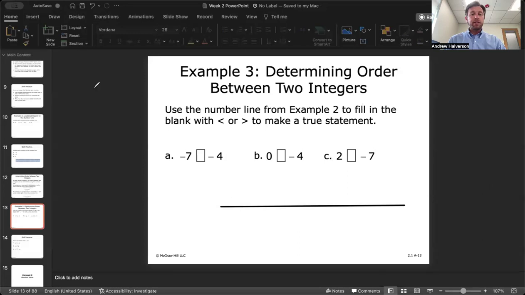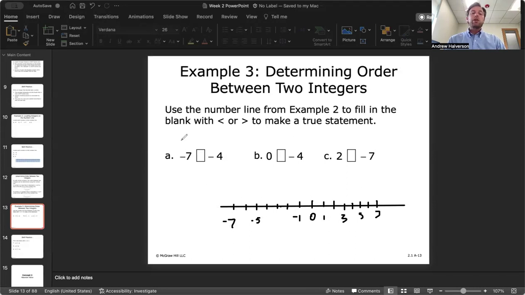I'm going to draw some ticks. 0 is always in the middle. So 1, 2, 3, 4, 5, 6, 7. Here's 1, here's 3, here's 5, and here's 7. And then -1, -2, -3, -4, -5, -6, -7. Here's -7, here's -5.